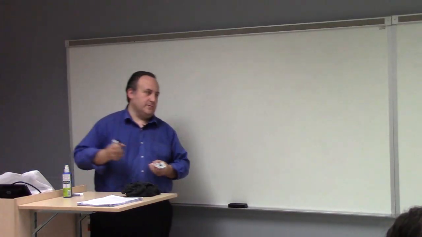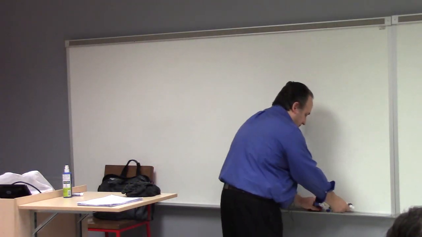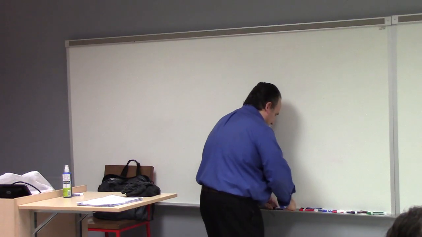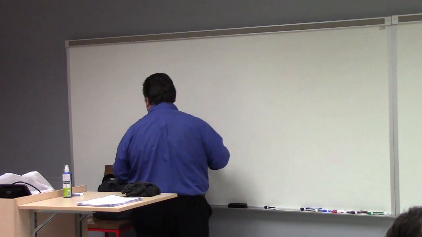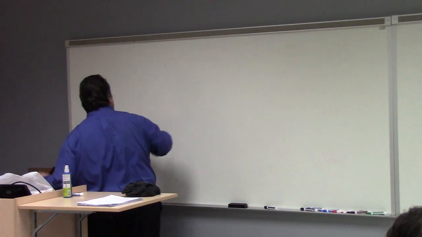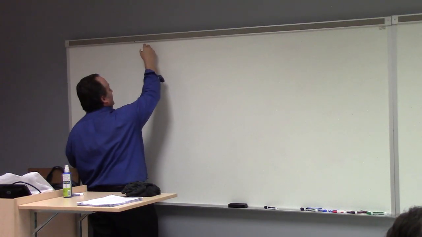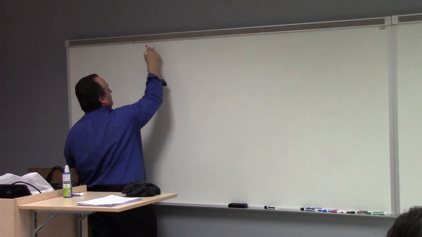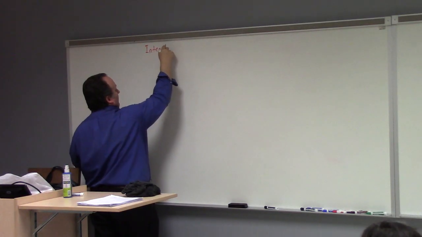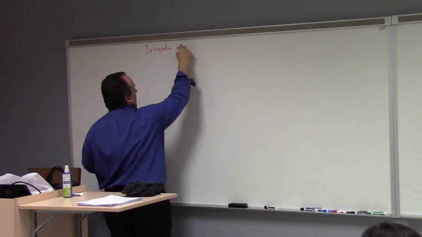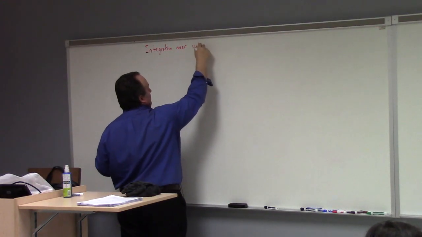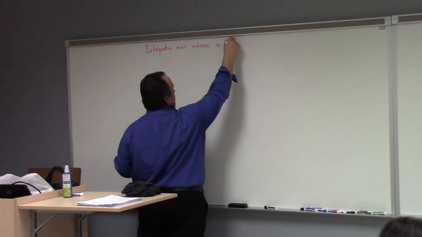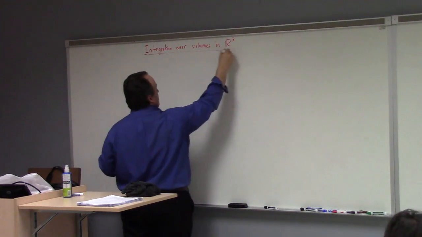So we need to talk about how we deal with integrals over regions in space, which maybe are not quite as simple as we've talked about before. So we're talking about integration over volumes in 3 dimensions for the most part.